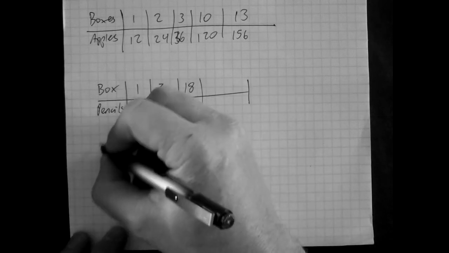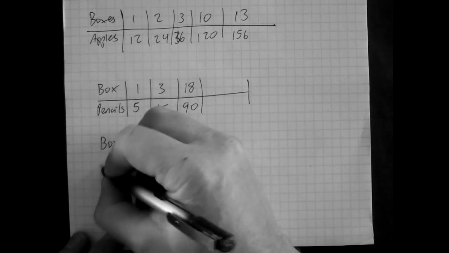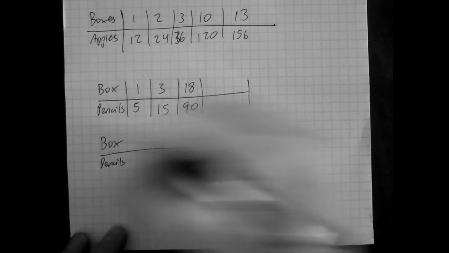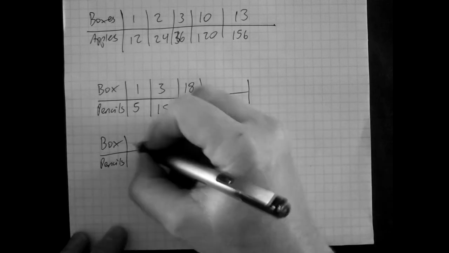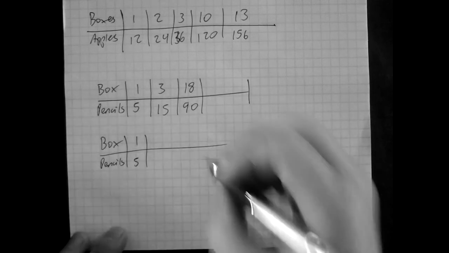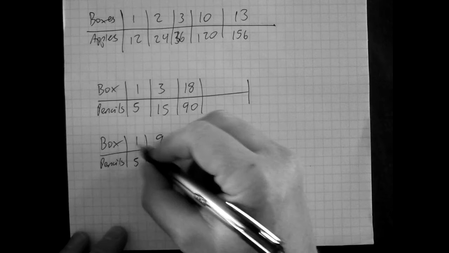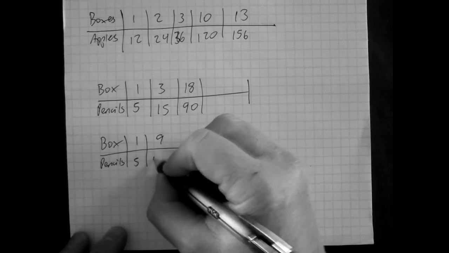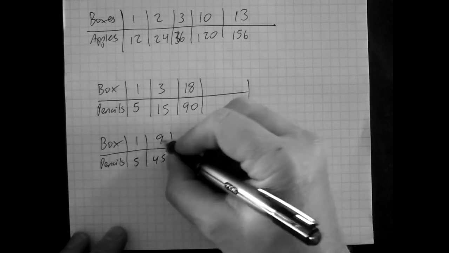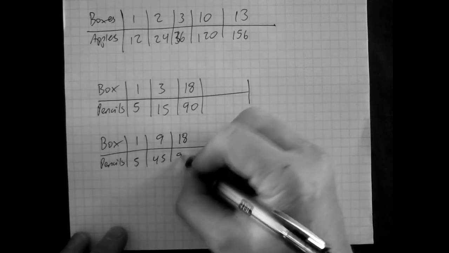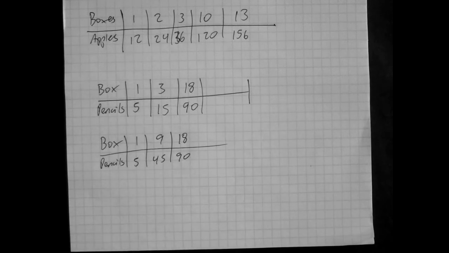You might also do this a different way, depending on how you like to get to 18. Maybe you go straight to 9. So we multiply by 9 and multiply by 9, you get 45, and then we need to double them to get to 18. So you get 90. Those are two different ways you can do the ratio table to find out how many pencils there are in 18 boxes.